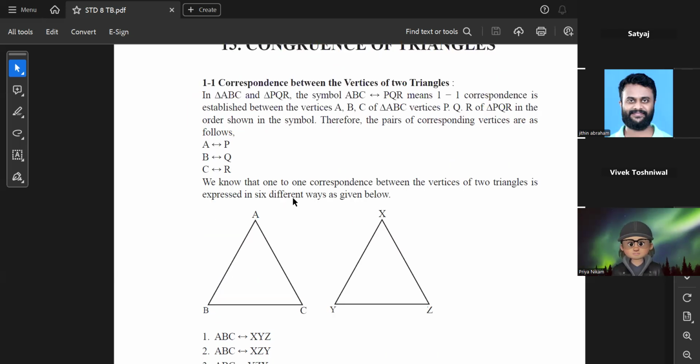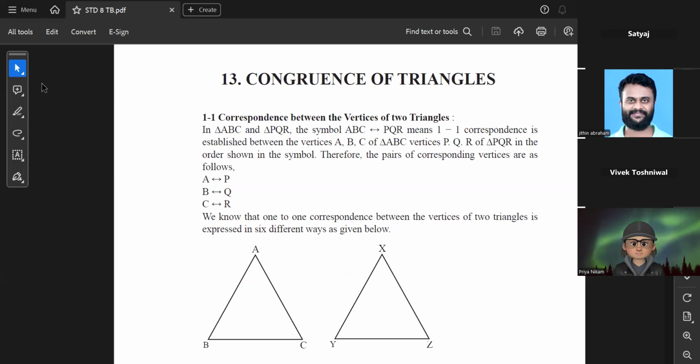Not a problem. So the overall chapter's name is congruence, and I've started with a subtopic called one to one correspondence. So right now, whatever I'm explaining is purely about correspondence, not congruence. Slowly, I will reach congruence. I hope it's clear.